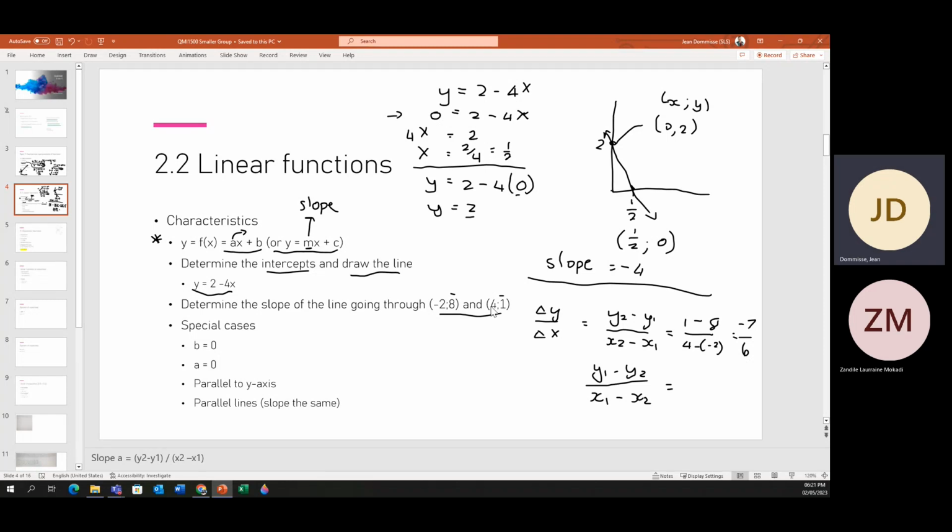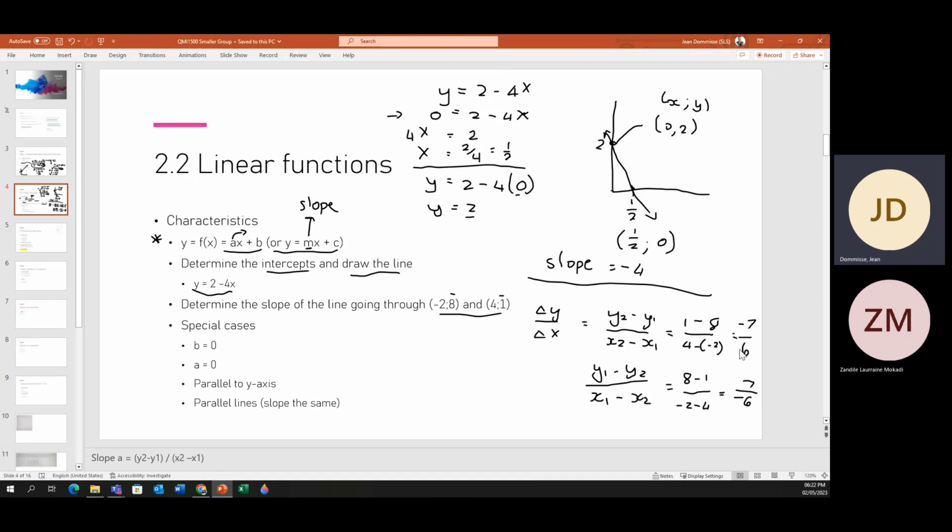So let's look at it this way around. We would have had 8 minus 1. And at the bottom, we would have had -2 minus 4. So you would have had 7 over -6, which again gives you the same.